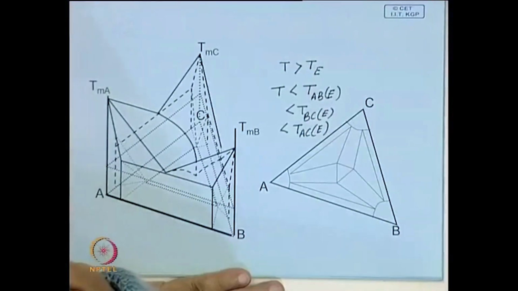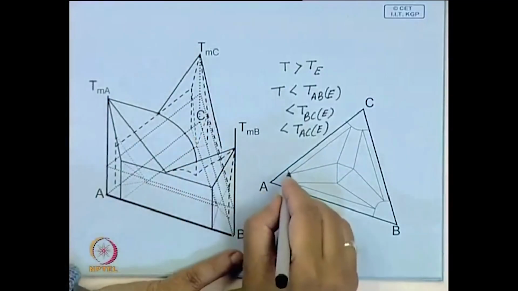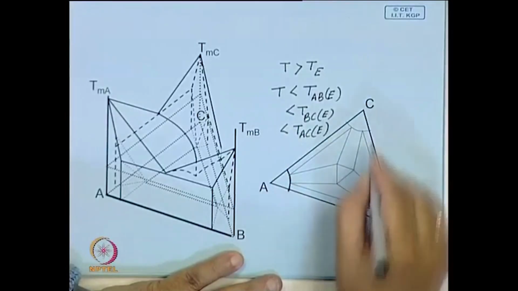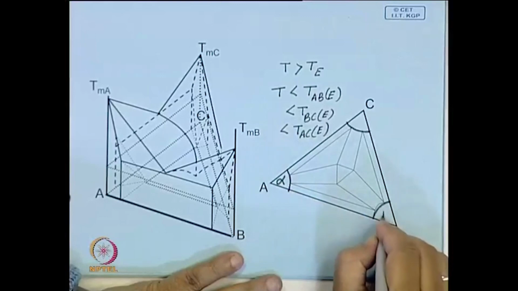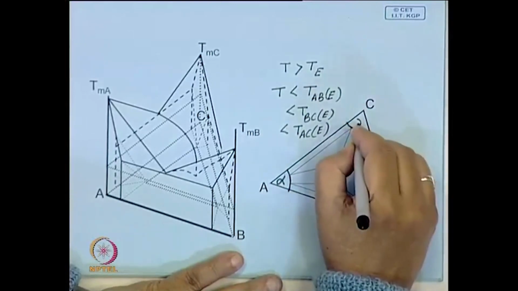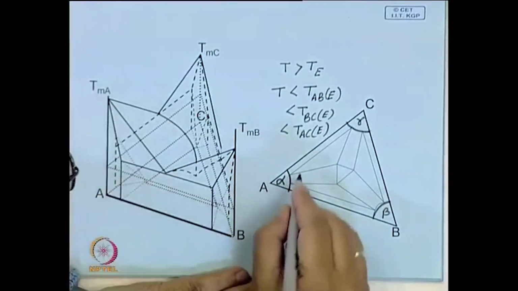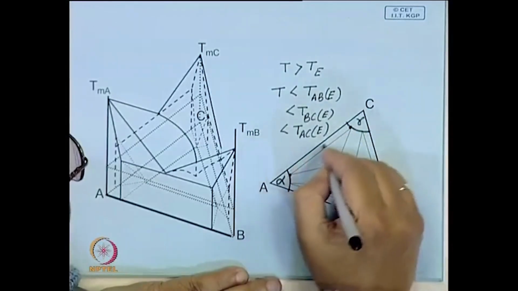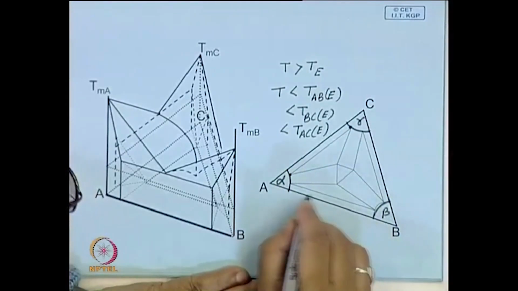Now, here it is very easy to visualize, because at each of these ends A, B, C, there will be a region where it will be single phase. So, this is alpha, this is beta, this is gamma. Similarly, there will be regions where there will be only alpha and beta coexisting.